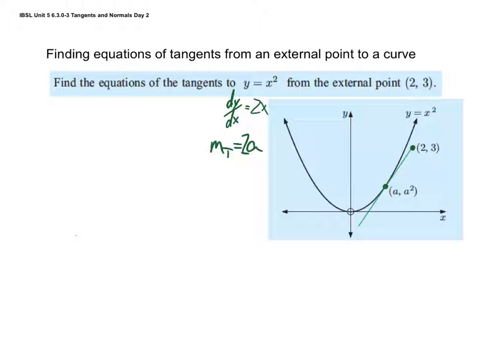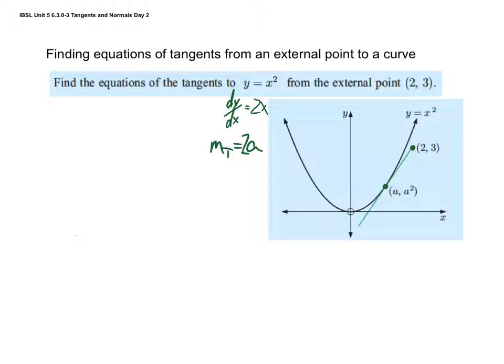If you have the slope, you can use the other point to get an actual numerical slope and then do point slope. Wait, don't they have the same slope, the tangent line and the straight line?